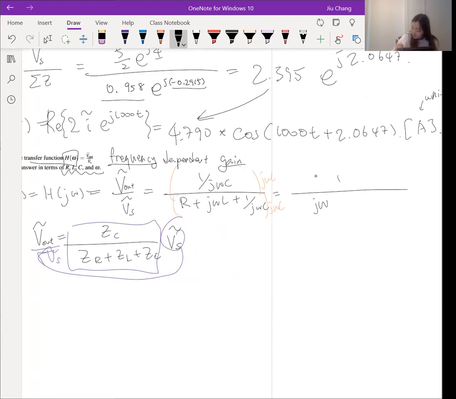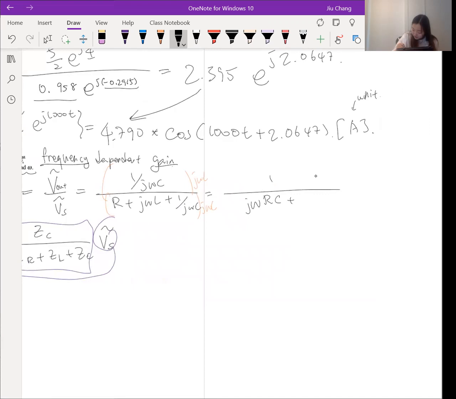And for the denominator, you get j omega RC for the first term, minus omega squared LC for the second term, because j squared equals -1, and just 1.